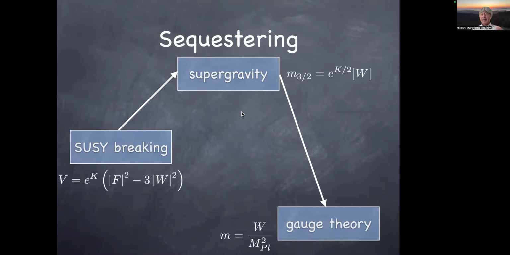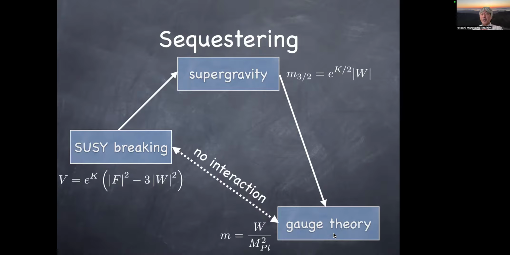So you know exactly how that would enter your theory. To guarantee that this is the only source of supersymmetry breaking, you don't want any direct interactions between whatever breaks supersymmetry and your gauge theory, so you need to sequester them. Once you do so, supergravity invariance completely dictates how supersymmetry breaking would appear in your theory, and that's how you can maintain theoretical control.